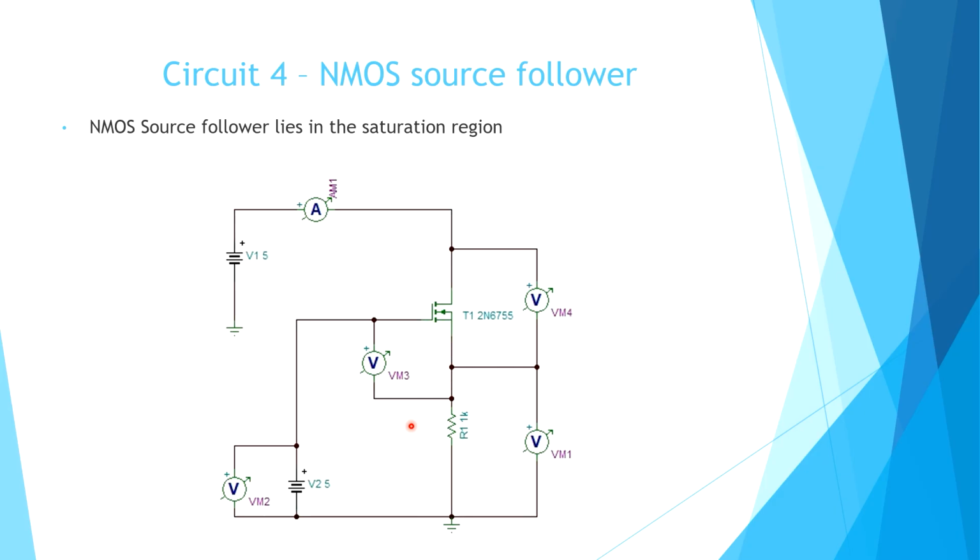And the NMOS lies in the saturation region. So here the condition is VDS is greater than or equal to VGS minus VT, the overdrive voltage.